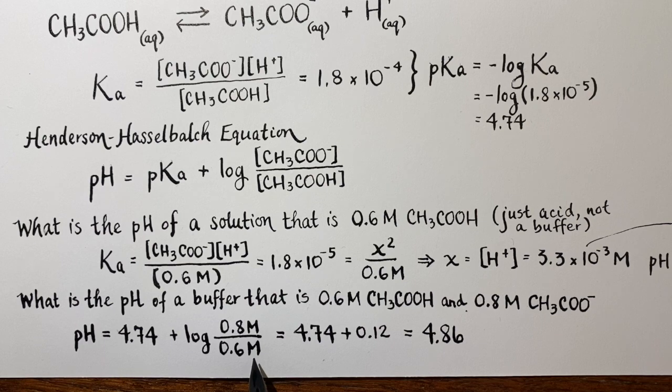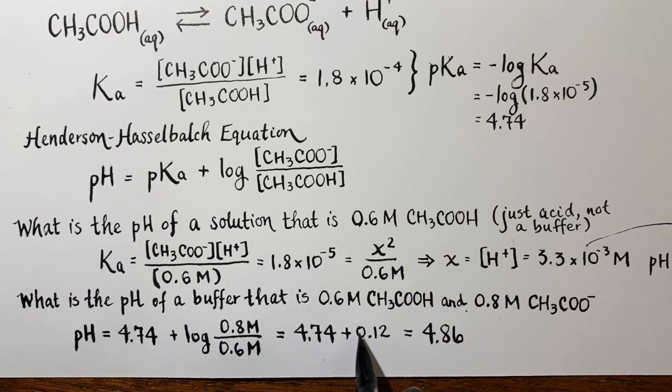I did want to mention that if this ratio were the opposite, if it were 0.6 over 0.8, then this ratio would be less than 1. And the base 10 log of a value that's less than 1 is negative.